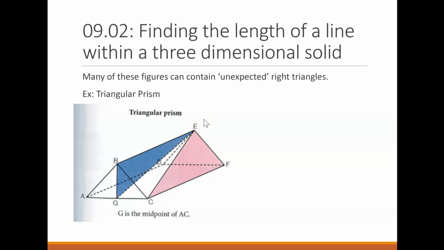It's half of a rectangle, right? BGE is also a right triangle. Angle B is the right angle. Again, for the same reason, we know that because this is a right triangular prism, this edge should intersect the base at a right angle.